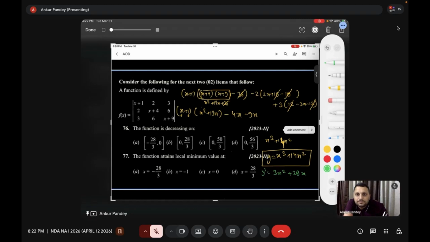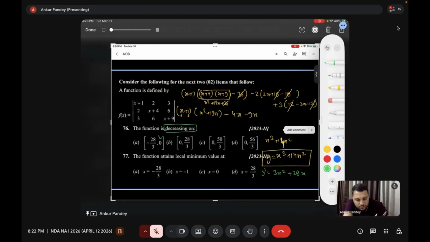Okay. The function is decreasing on. So if I put x equal to 0, is it coming positive or negative? 0. It is coming 0. Yes or no? So these two are the areas. These two are the areas. Right?